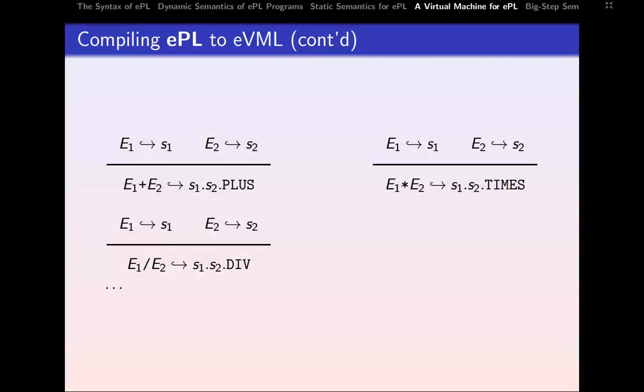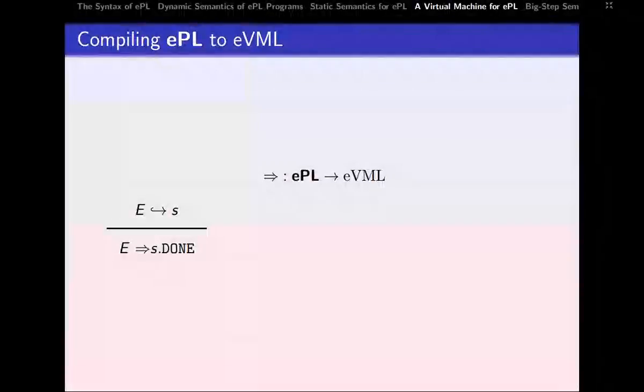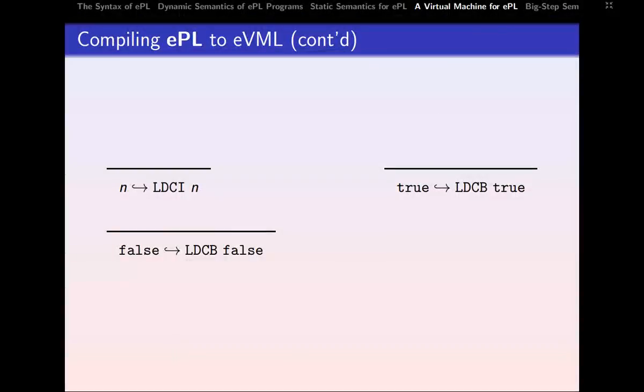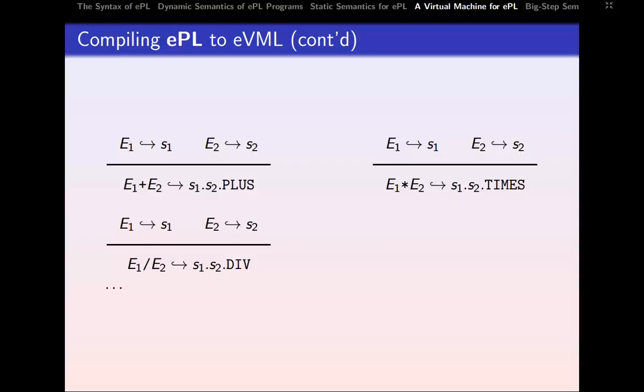Okay? So remember, we're looking at this S here, right? We're trying to derive this S, and there's an implicit done at the end, right? Meaning that if my program is just N, the resulting compilation would be LDCI N, done. Cool? This is just to bootstrap the math.